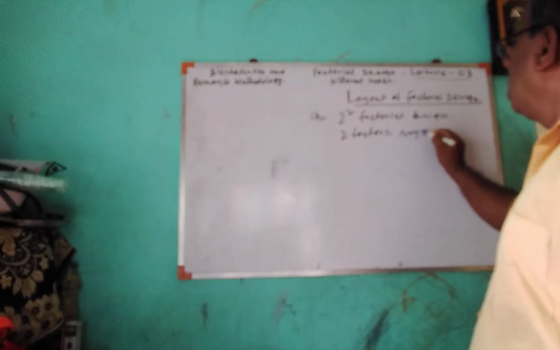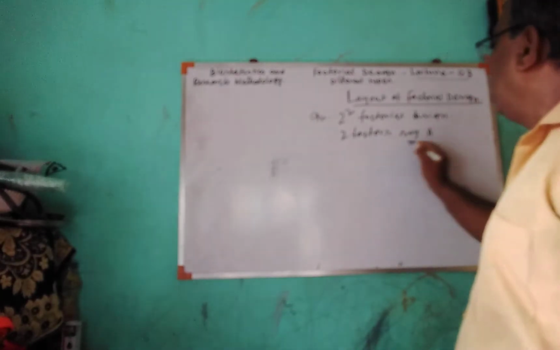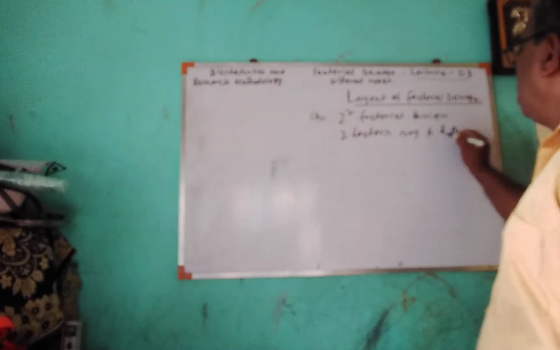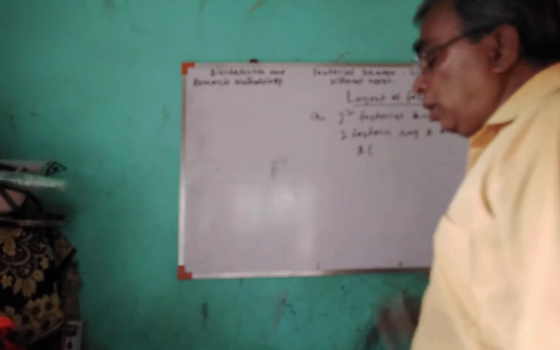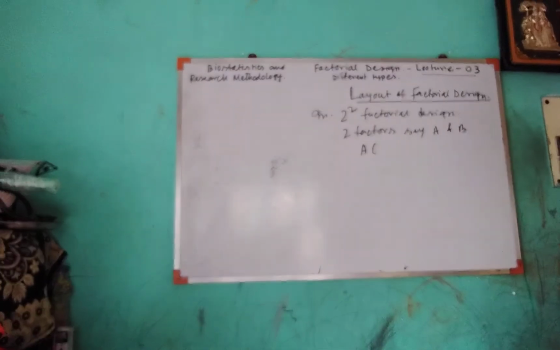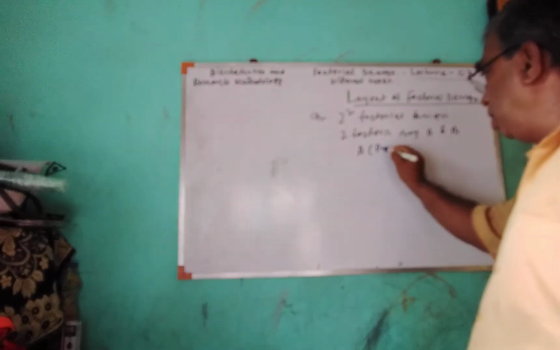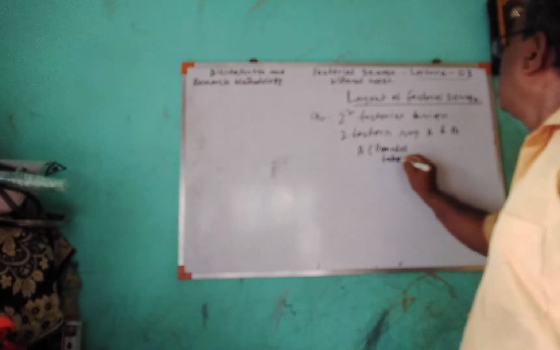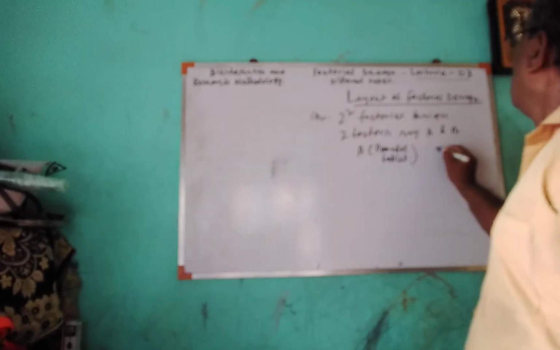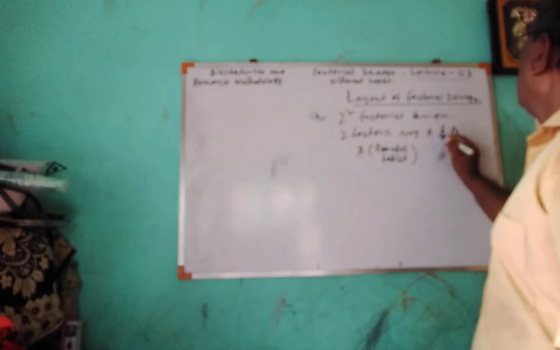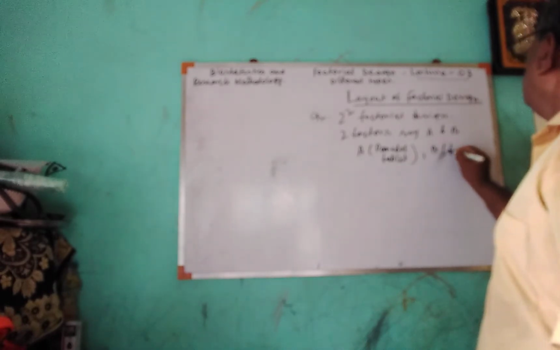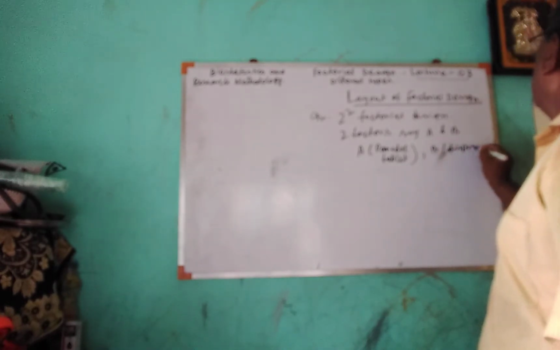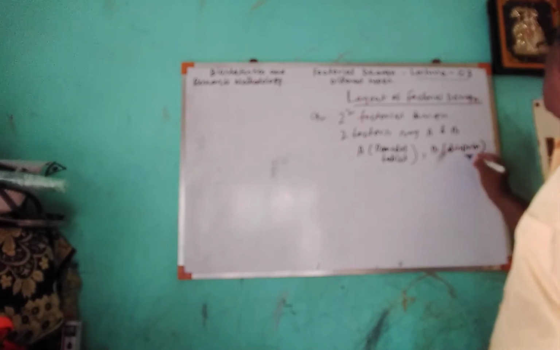Say A and B. Factor A, say A equal to Panadol tablet. Factor B, say Disprin tablet.